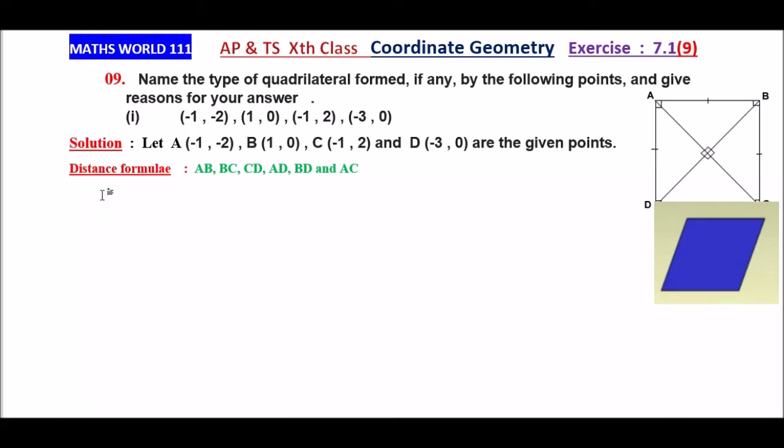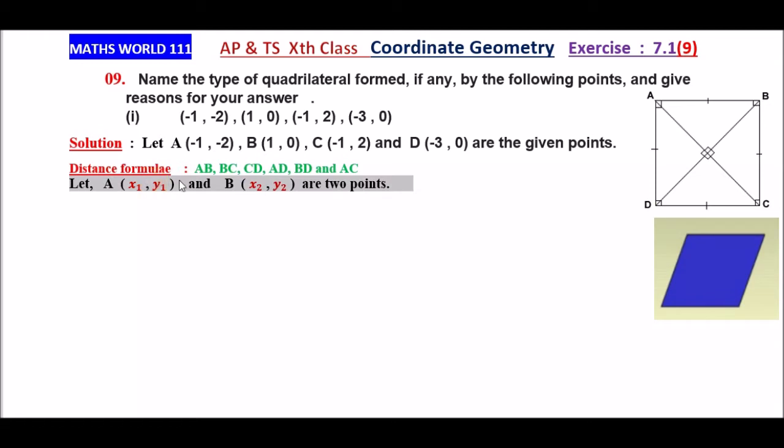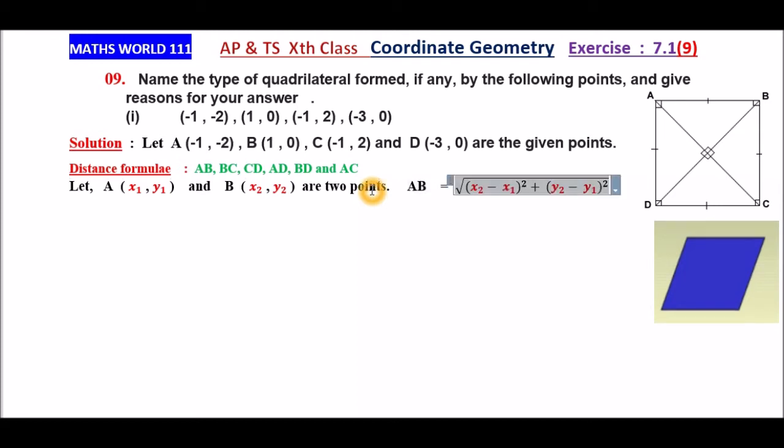Okay? What is the distance formula? Let A (x1, y1) and B (x2, y2) are points. So the distance between the points A and B is denoted by AB is equal to, what is the formula? We know square root of (x2 minus x1) whole square plus (y2 minus y1) whole square.